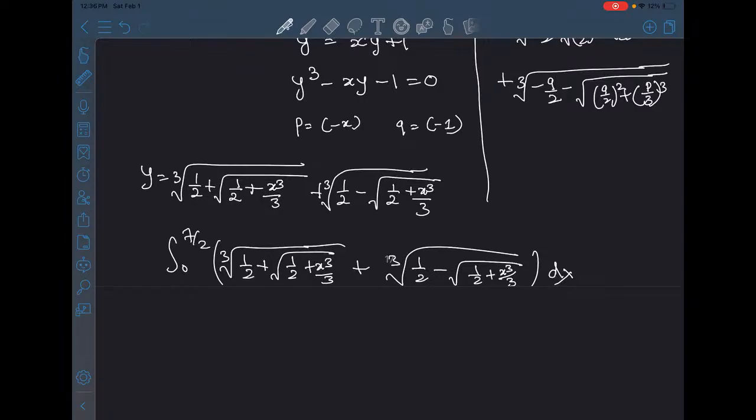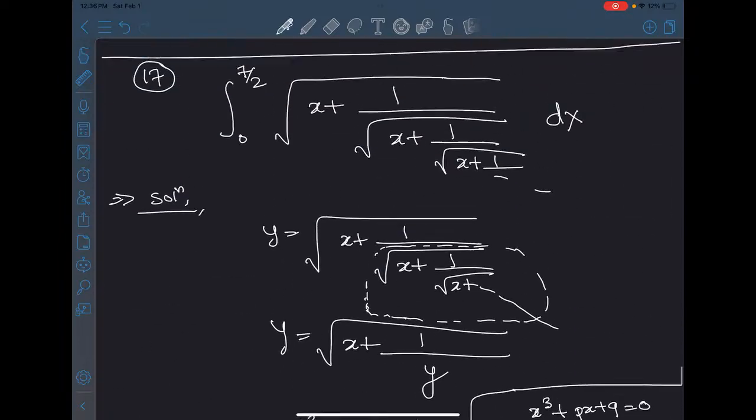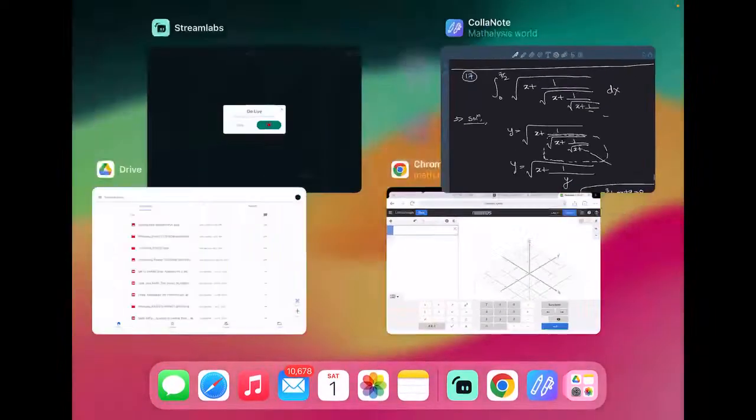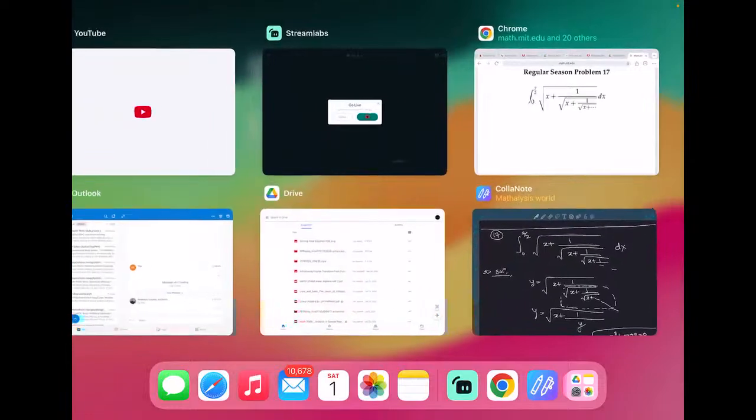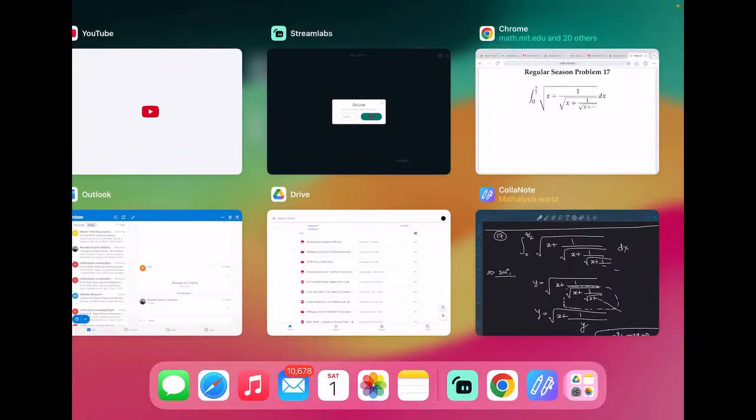Is it really that? I think the first expression should not have a square, but it has. I cannot do anything. Oh, how do I do this?